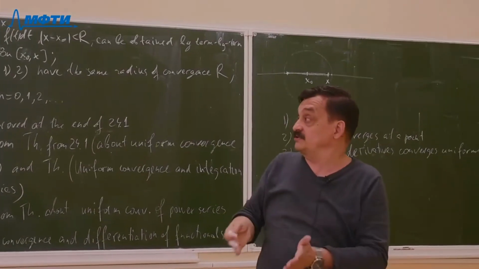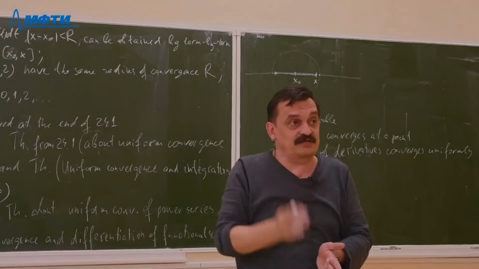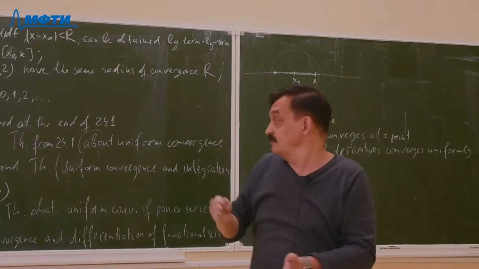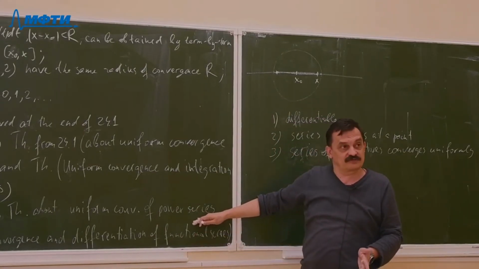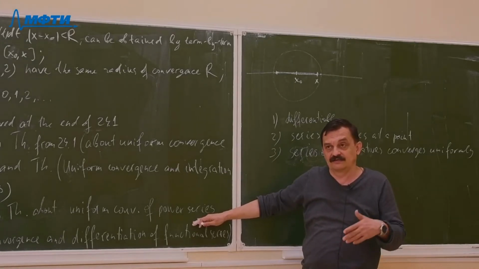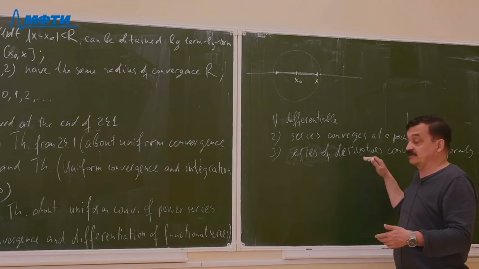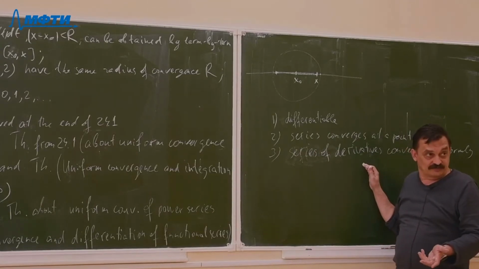So the series of derivatives is a power series with the same radius of convergence. Then this theorem about uniform convergence of power series says that the series of derivatives converges uniformly, right?